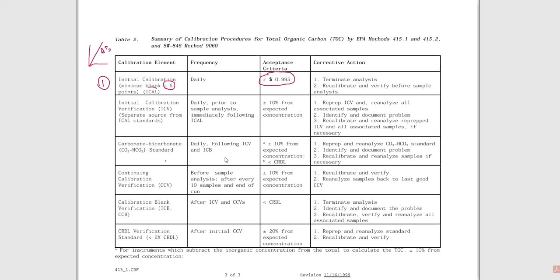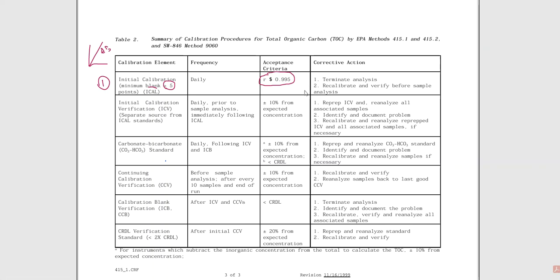And only when you can get a calibration curve that provides that data are you cleared to use that calibration curve to solve for the sample concentrations that we're going to be running. Very important, typically done first, typically reviewed. Make sure that this is making sense before we waste our time and go any further.